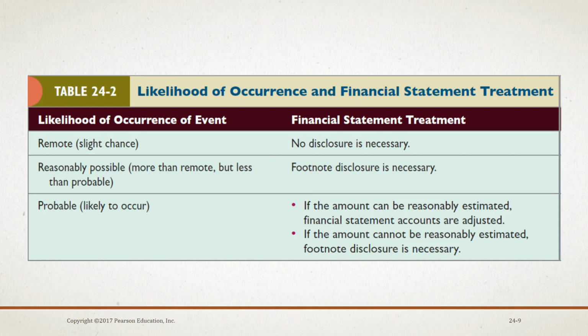So in the notes to the financial statements, we would actually disclose that there is a pending lawsuit, but that we don't know when specifically we're going to be able to settle and what the amount will be.